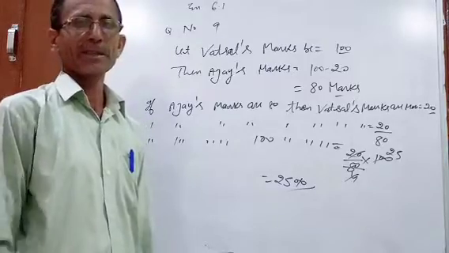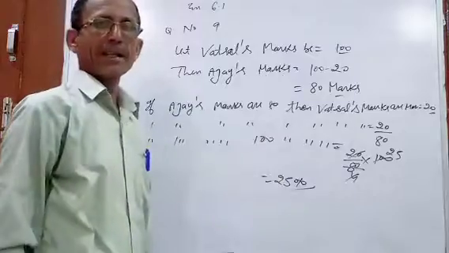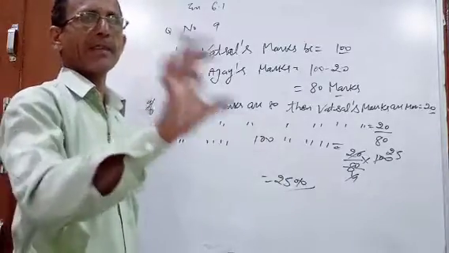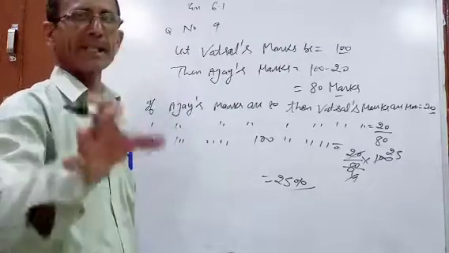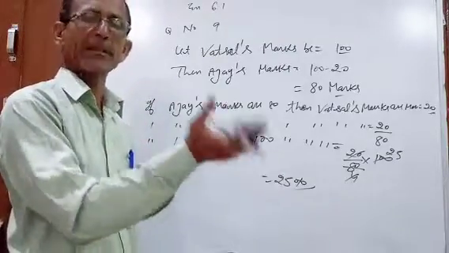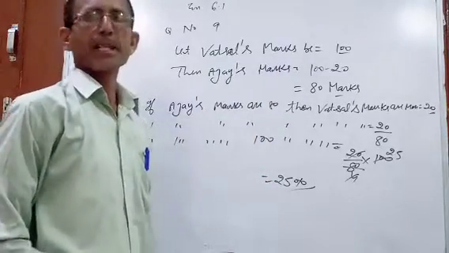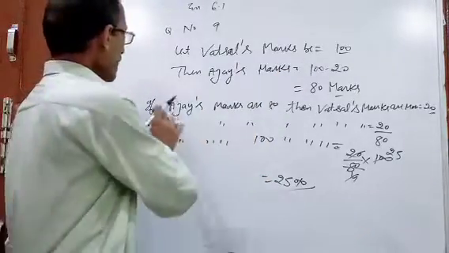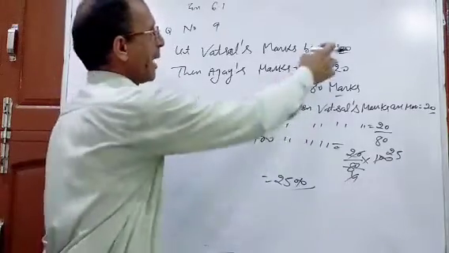Have you understood? Once again I am repeating. Let Vatsal's marks be 100. Ajay is getting 20% less. I assumed 100, so simple. So 100, 20 less means 80, because percent means per 100. So Ajay's marks 80. If Ajay's marks are 80, then Vatsal's marks are more by 20.